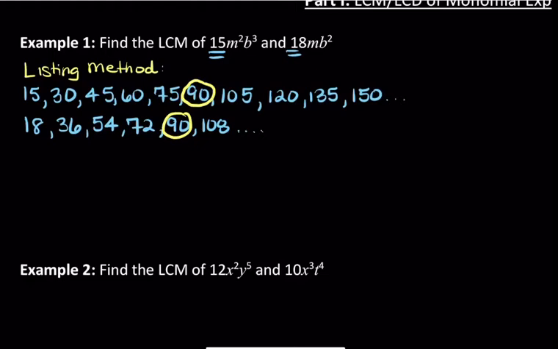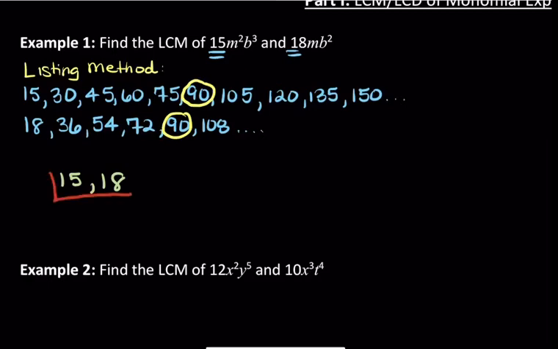Another way to do it, and I don't know if I've shown you this during the school year, is to use these things called division ladders. Maybe you've seen it in previous classes as well. I have students that call it upside down division.